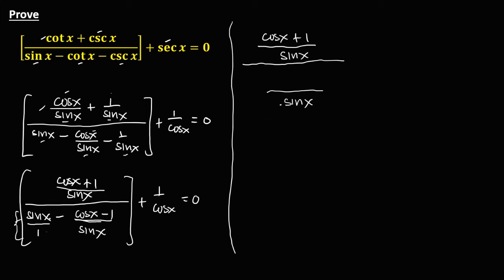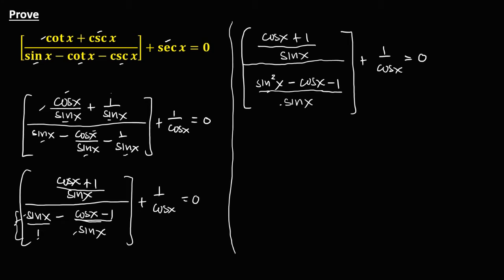So sine x divided by 1, that's sine x, and sine x times sine x, that's sine squared x. So sine squared x. Then minus, so sine x divided by sine x, that's 1 times cosine x minus 1. So copy cosine x, then minus 1. Then we have plus 1 over cosine x, then equals 0.